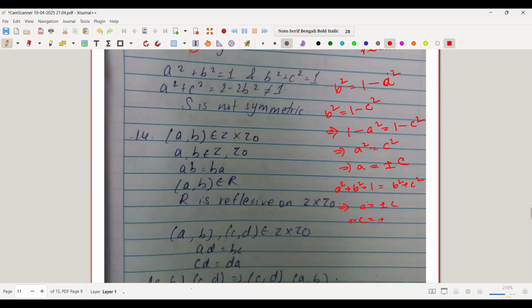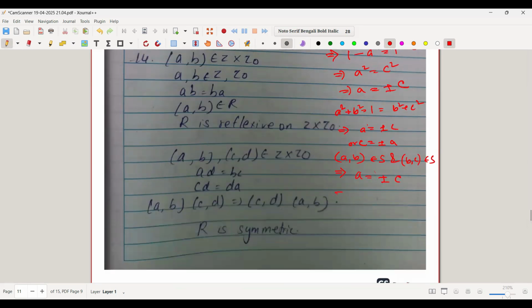That means (a, b) belongs to S and (b, c) belongs to S. So here we will write the reverse, c equals plus minus a.